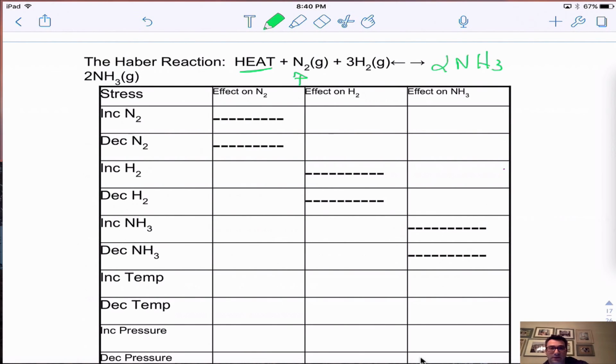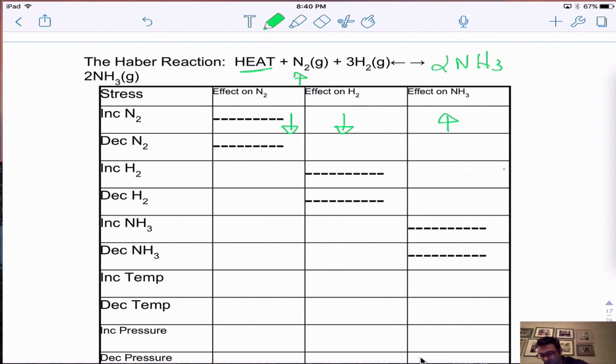Increasing a reactant on the left will shift the reaction to the right. The effect will be an increase in NH3, a decrease in H2 as it gets used up from those extra collisions, and even a decrease in N2 from where we increased it. Notice I have a dashed line through N2 because the amount of N2 will go down from the stress, but it will not go down below what originally was there.